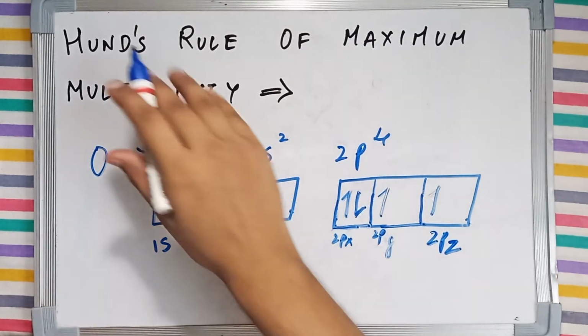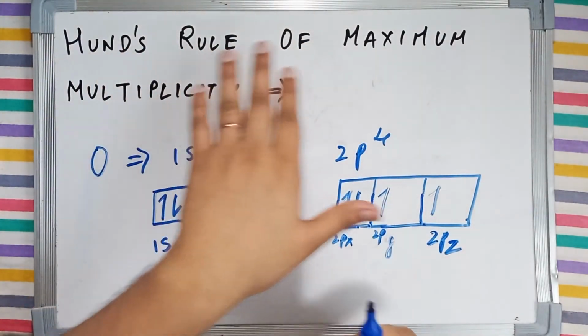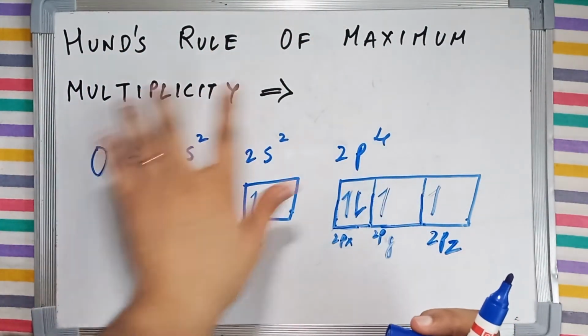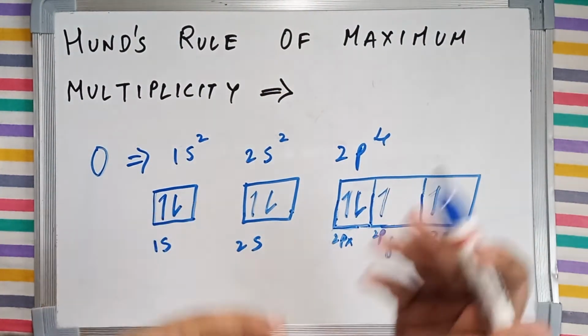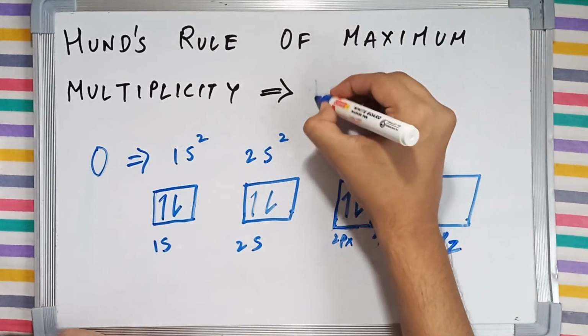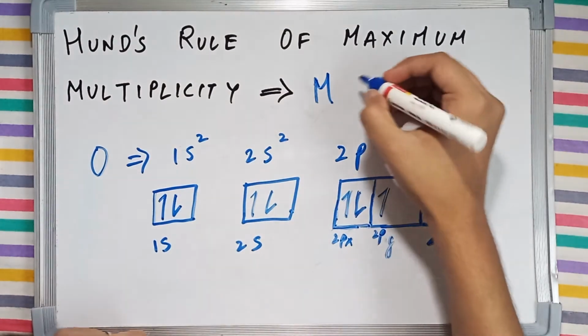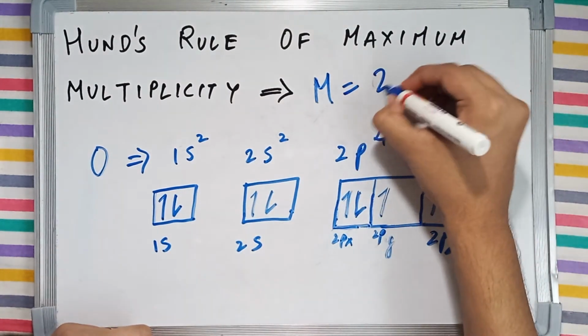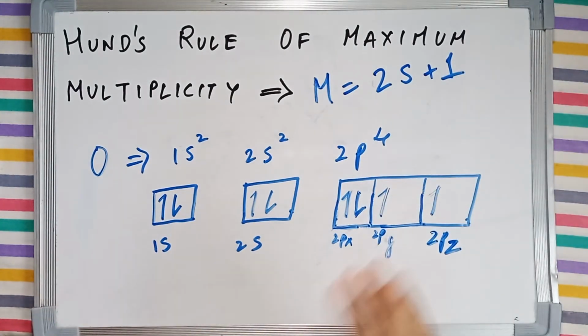Also, notice the name of this particular rule, Hund's rule of maximum multiplicity. Maximum multiplicity, what does this mean? Multiplicity, which I'm going to represent by m, is equal to 2s plus 1. Now what is s?